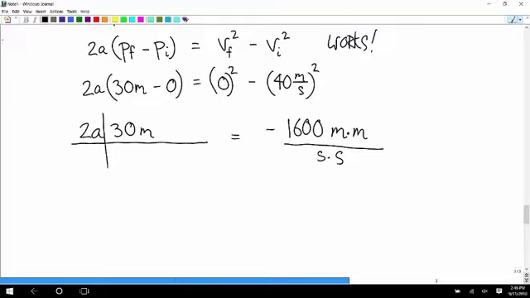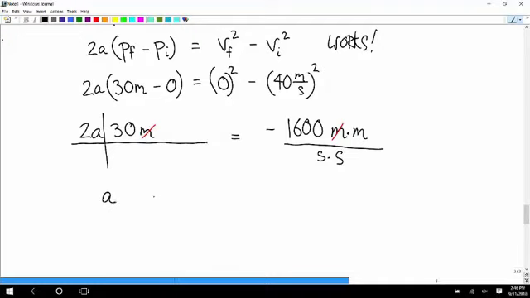Any questions yet? And now it's just algebra. You can treat the units as algebraic variables. We're trying to get a by itself. So first, let's divide both sides by m. We can get rid of one of those. And then second, let's divide both sides by 2 times 30. So divide both sides by 60.